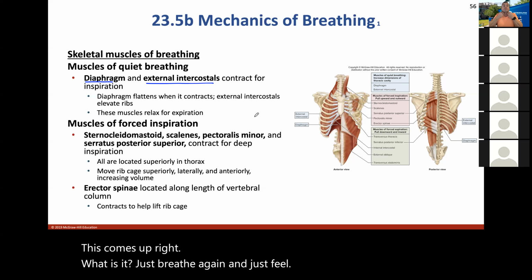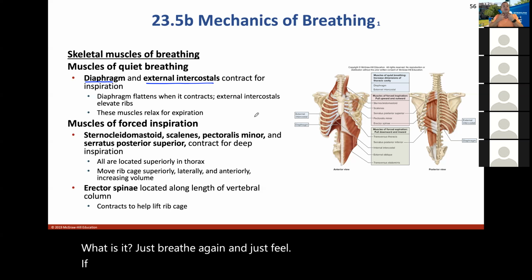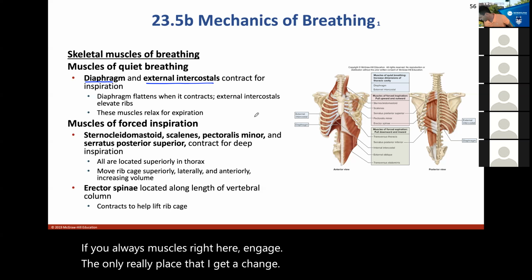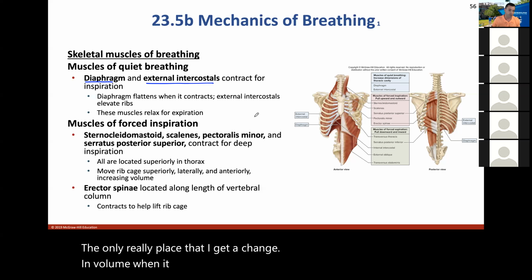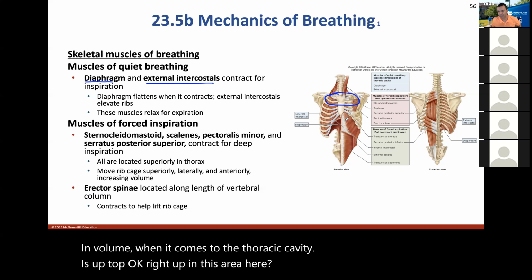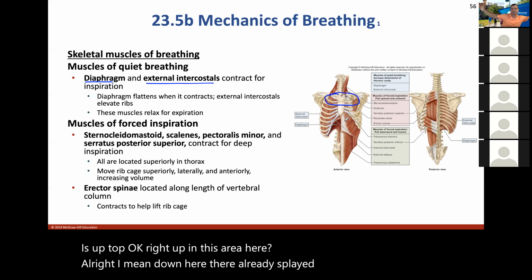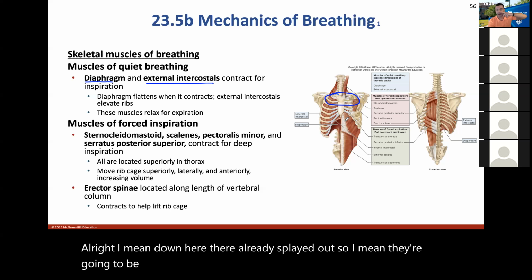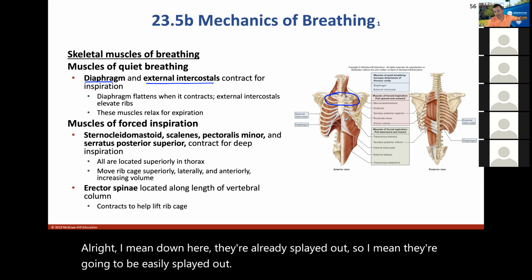Keep going. You feel all these muscles right here engage. The only place that I get a change in volume when it comes to the thoracic cavity is up top, right up in this area here. I mean, down here, they're already splayed out. So they're going to be easily splayed out. Where's pretty much everything else happening?